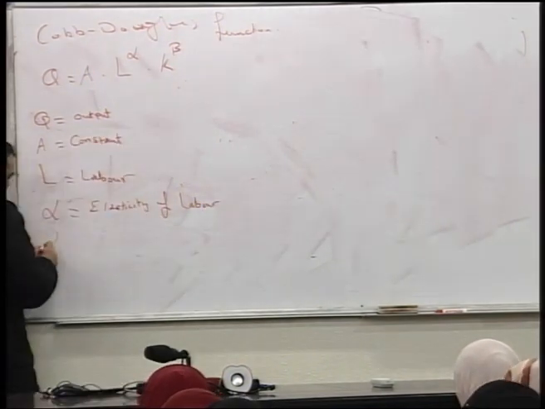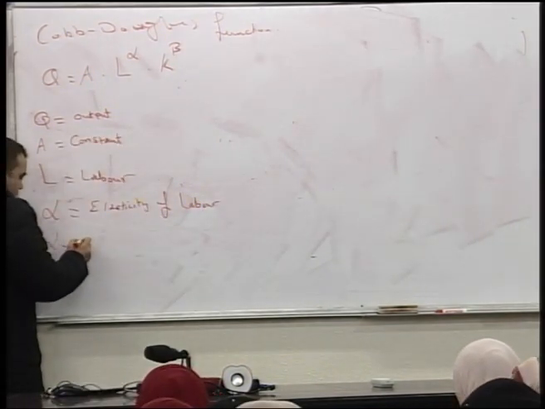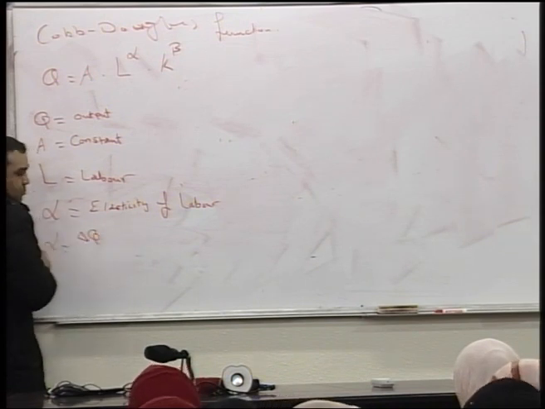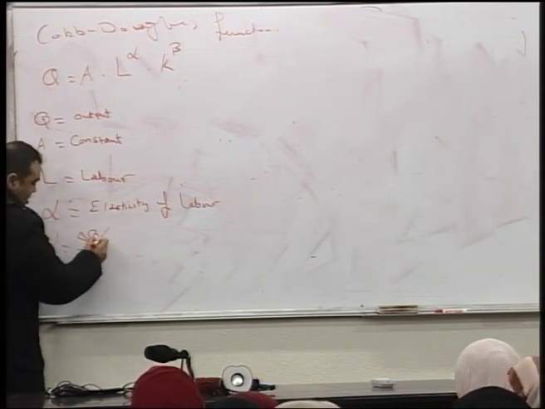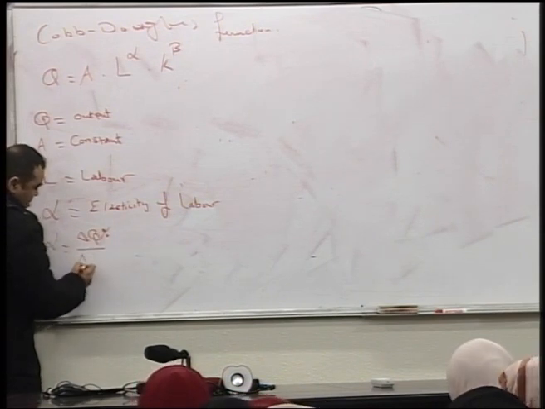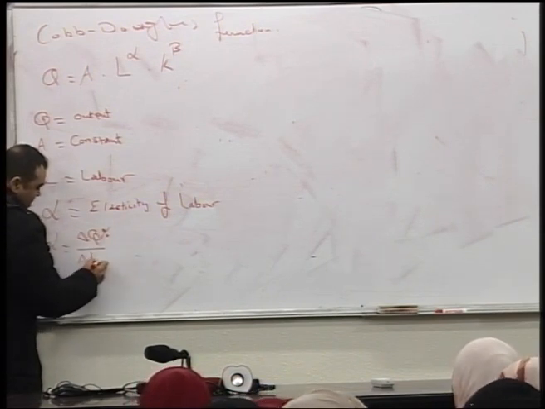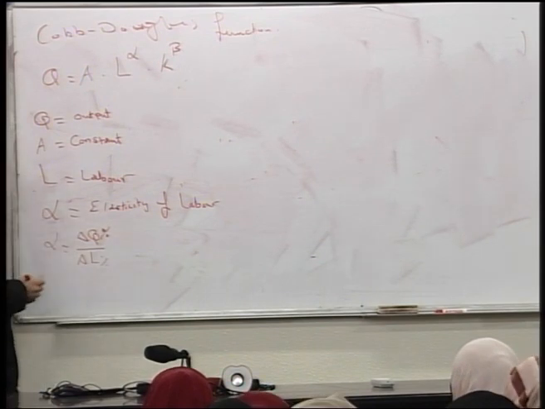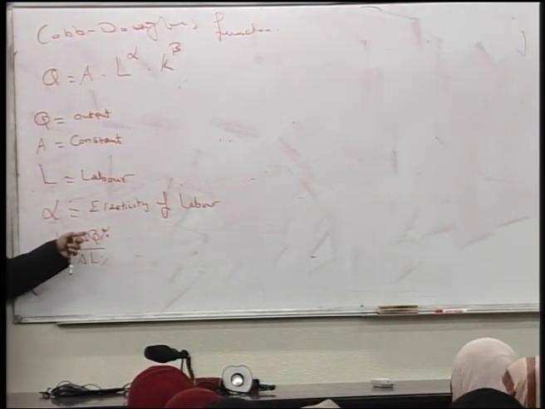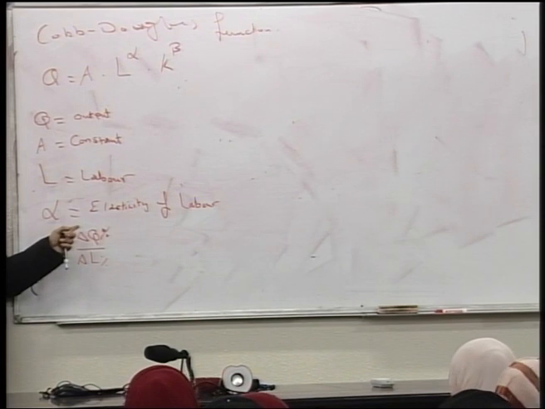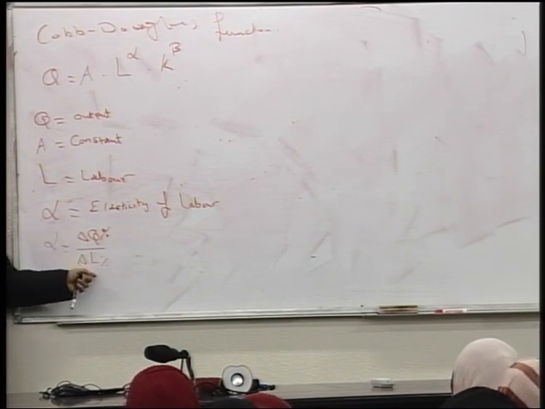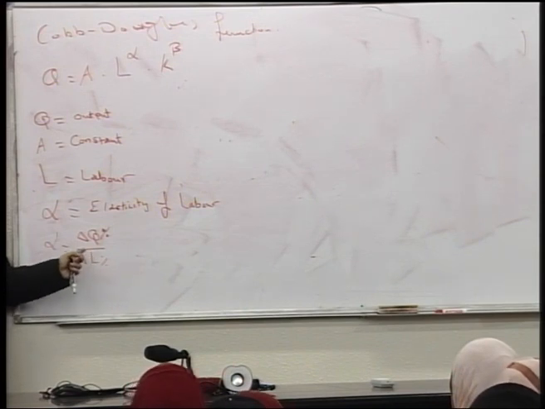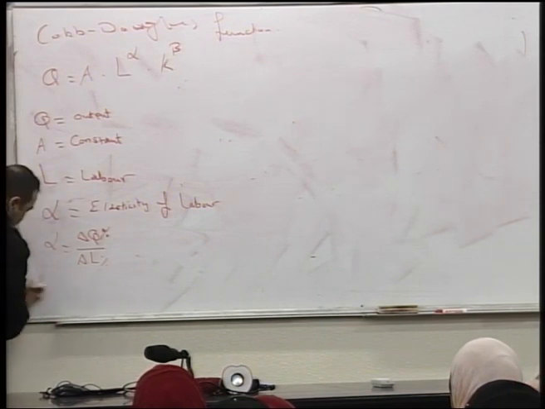Alpha equals the percentage change in outputs over the percentage change in labor. Which means, what will happen to the output? What is the percentage change in outputs if the workers increased by any percent? Okay. Beta, or K, is capital, machines.